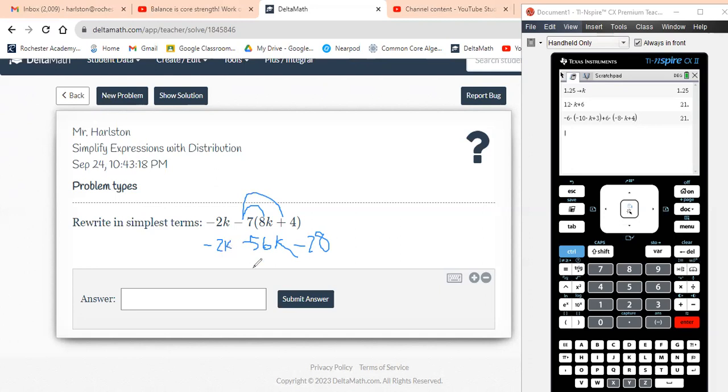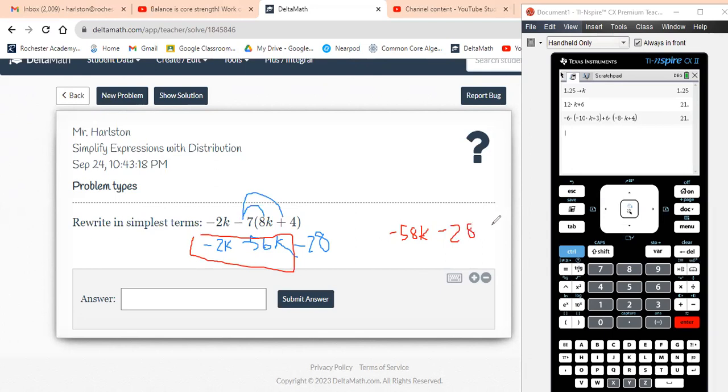So what I'm going to do is I am going to combine all of the K's, and I got a negative 2 minus 56. So that's going to be a negative 58K and minus 28.